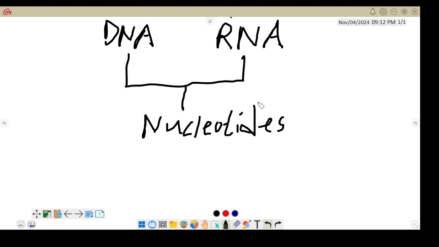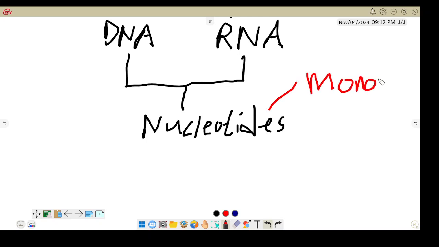And then now, these nucleotides, they have their own components. So what we can say here, take note that nucleotides, they are monomers.